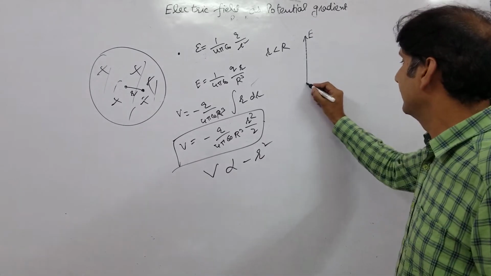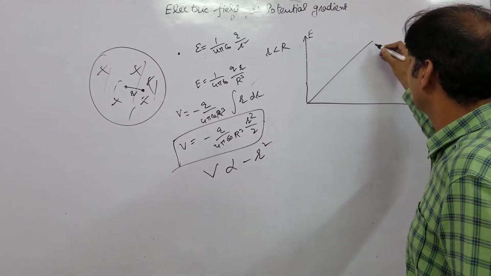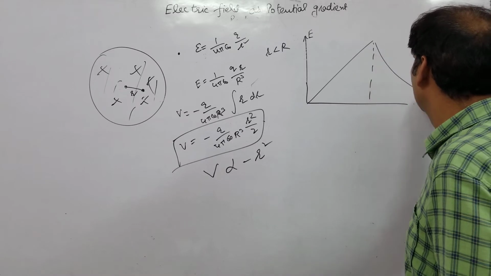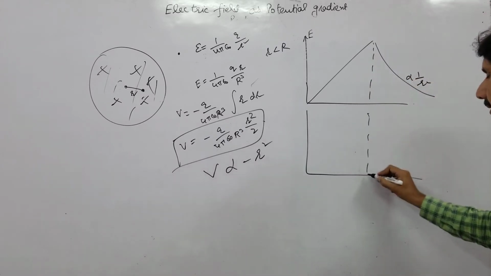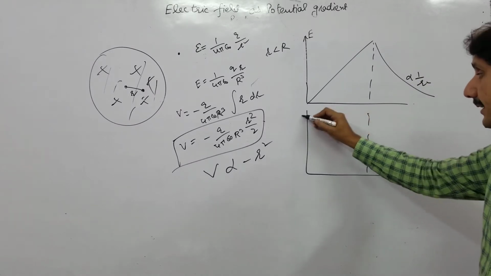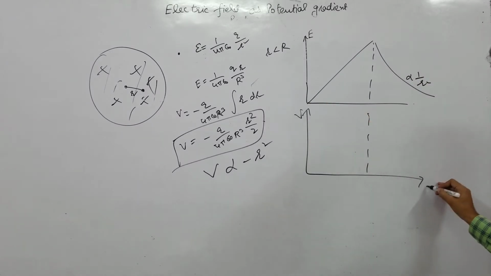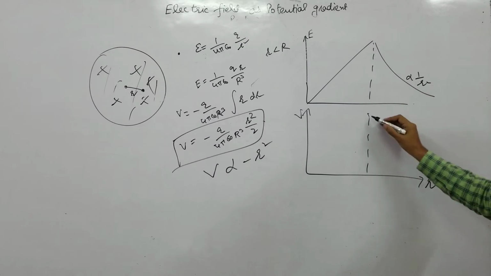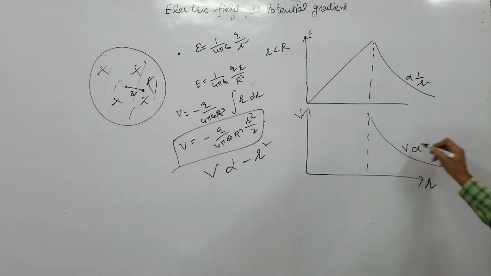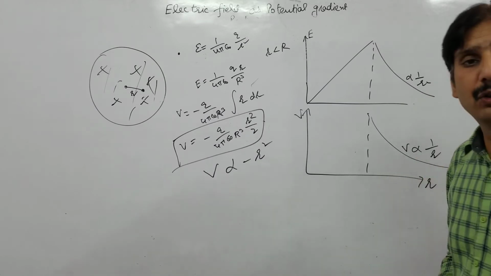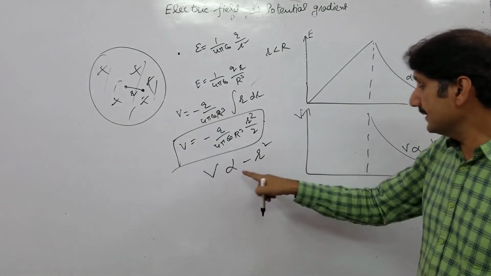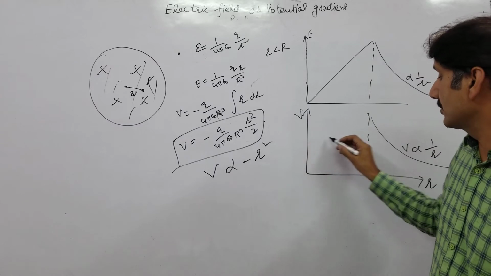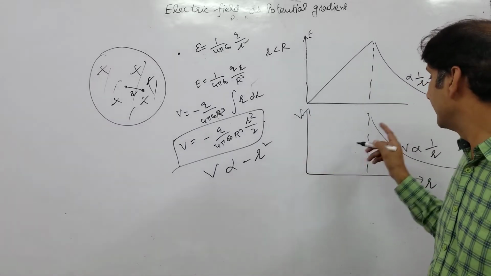So the expression for electric field was something like this, proportional to 1 by r square. I told you outside the behavior would be identical to the case of the hollow spherical shell. It will fall as 1 by r. However, inside, earlier the potential was constant, but in this case it is not constant.